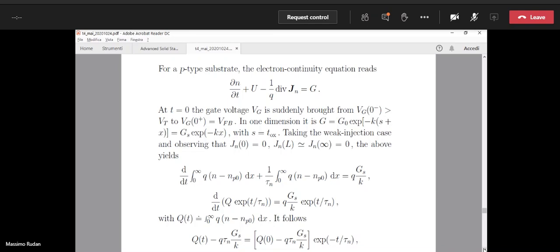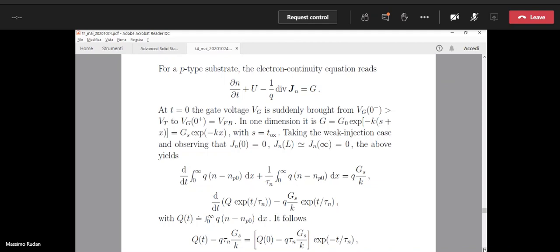And then we must consider the optical generation, and as usual, as you can see here in the text, G is equal to Gs times the exponential of minus Kx. As we did in other occasions, we consider a monochromatic light, which of course is not true. In principle, what we should do is, considering one frequency, make the calculation for one frequency and then sum up over the frequencies.